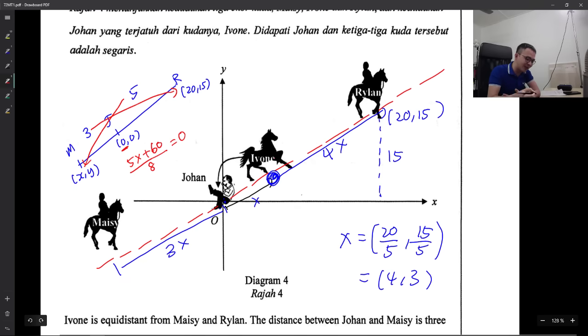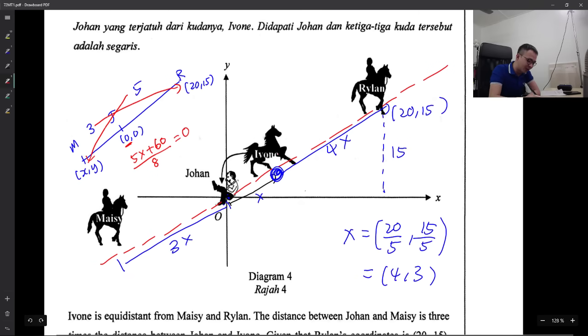Then after I'm done with the x, I will do the same thing for y. So you can see 3 will multiply 15 and 5 multiply y. 5 multiply y plus 3 multiply 15 is 45, over 8 equals 0. So from here I can get the coordinate of M. So 8 times 0 is 0. This is negative 12. Okay? Because negative 60 divided by 5 is negative 12.